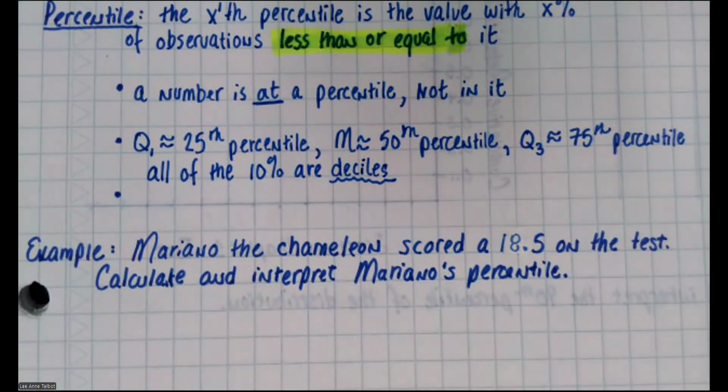All of the 10% are deciles. So you're in like the first decile or the second decile. But I never hear that used anywhere but like either psychology tests or education tests, like the SAT and stuff like that. But I don't know. You tell me if you hear it out in the wild on other types of research.